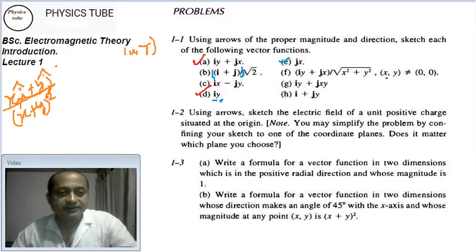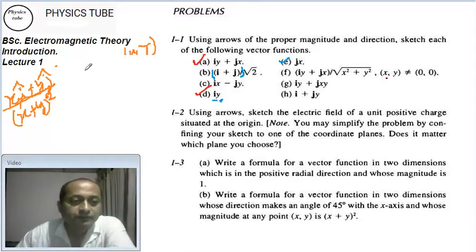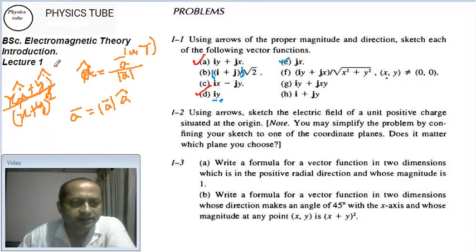So if I take the format of a vector, any vector, say a hat, is equal to a bar by the magnitude of a. So a bar is equal to the magnitude of a times a hat, and this whole thing is my unit vector.